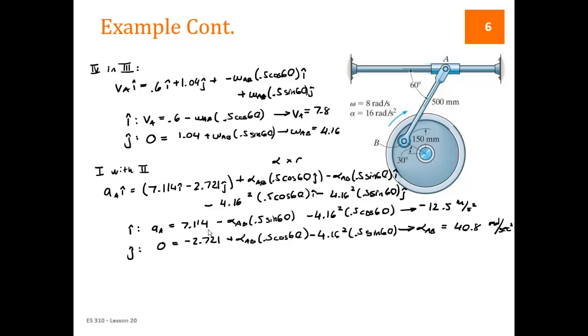So we used two equations over and over again, right? We used our relative acceleration equation and our relative velocity equation. We used each of them twice, once on the bar and once on the wheel for each one. And then we split them into I and J parts, and we were able to solve our problem.